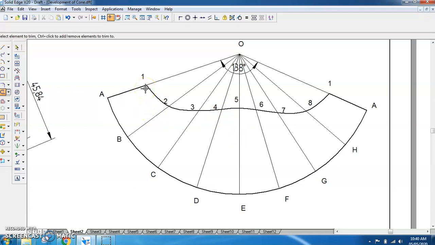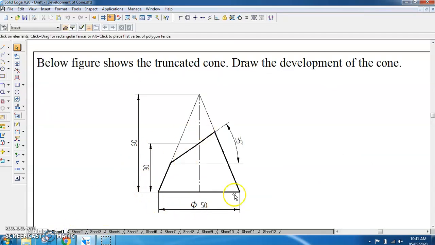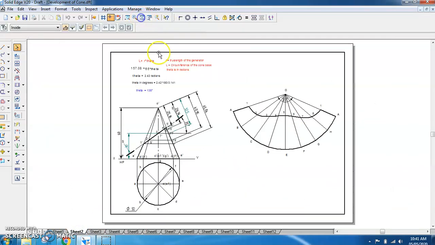If you have a piece of paper from which you cut A to 1, 2, 3, 4, 5, 6, 7, 8, back to 1, and then connect this 1A to this 1A, you will get the development of the cone which is cut in this way. So this would be the solution for the development of the cone which is given here. Please go through this and study them. Thank you.